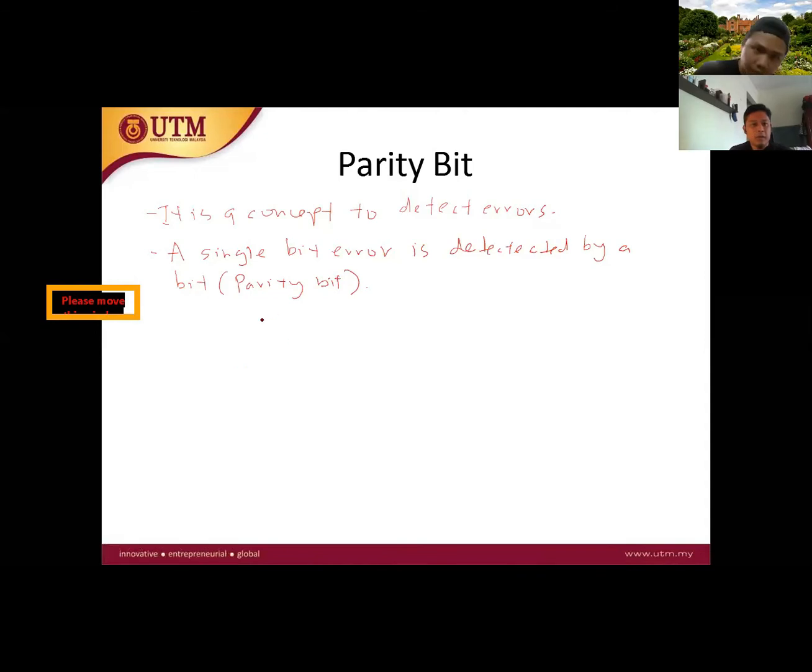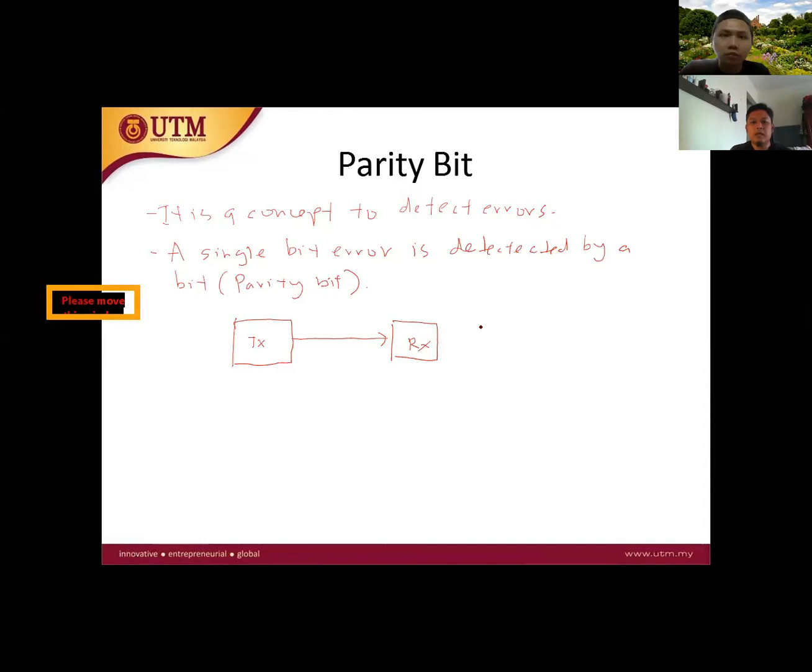So how do we do that? I give you a simple example. We have a transmitter, and we send the data through a channel to a receiver.